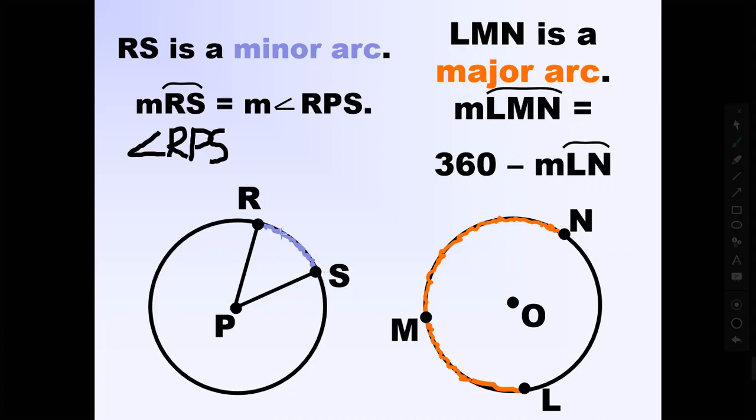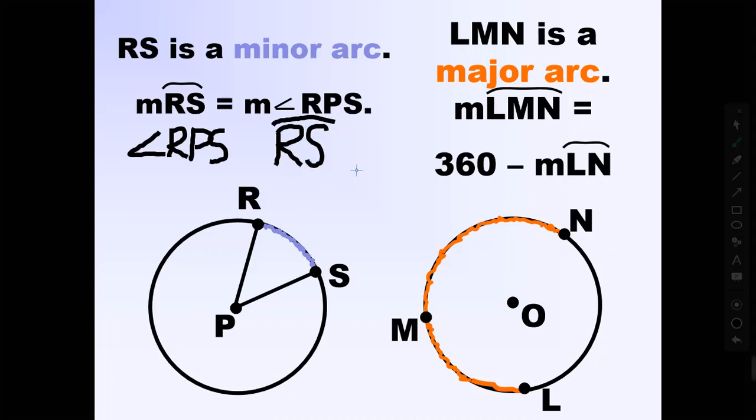So the arc on the circle is RS. So we write it down, the arc RS. Above the RS, we use a little curve to draw above it, and this means the arc RS.